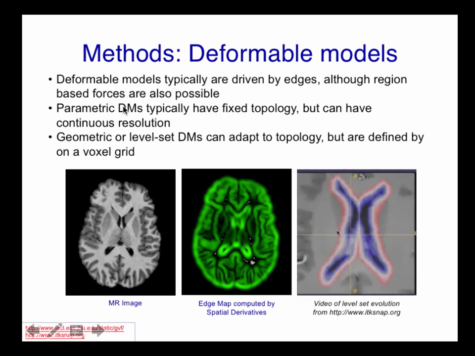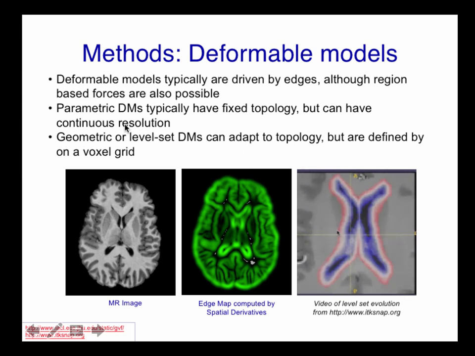So what are the differences? Well, the parametric deformable models are represented explicitly. If you're thinking of a contour, it's a bunch of dots connected by lines. Or if it's a surface, it's typically some sort of mesh, a triangle mesh. The nodes of the mesh exist in a continuous space, so they don't have to exist on the image grid. They can be in between voxels. That's an advantage of these parametric deformable models.